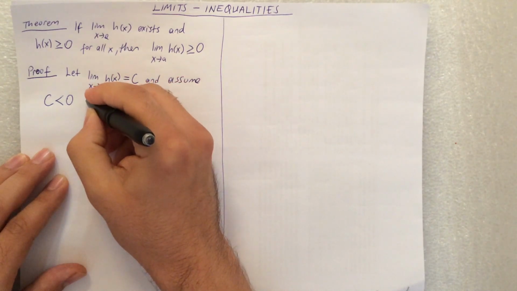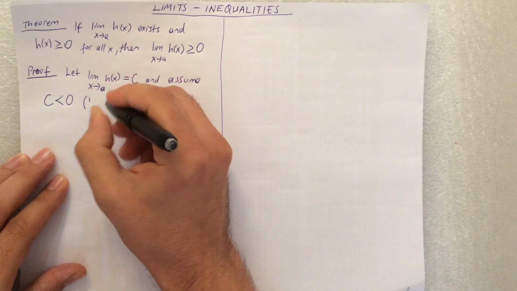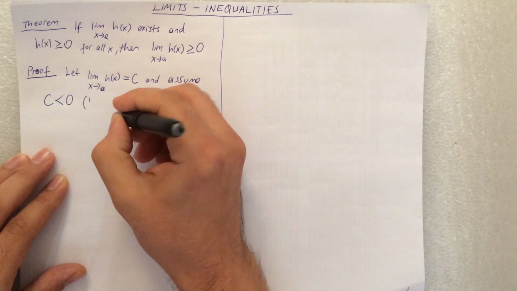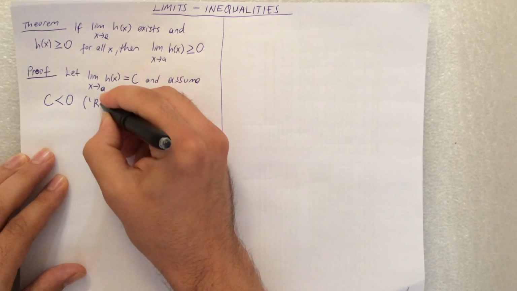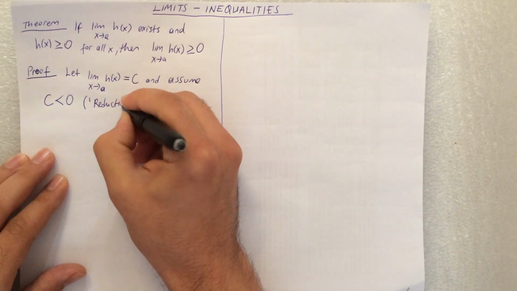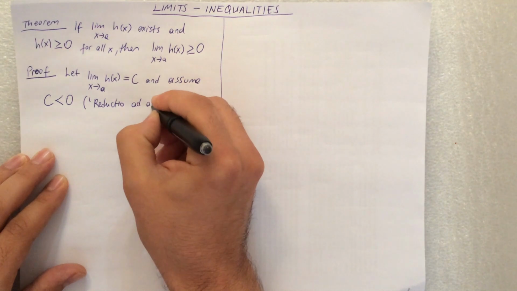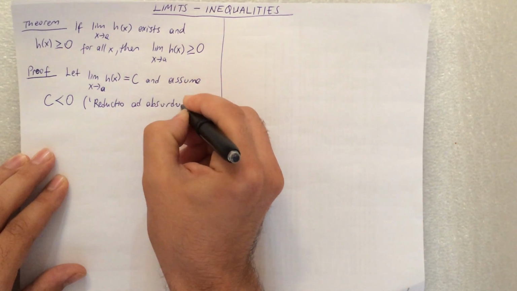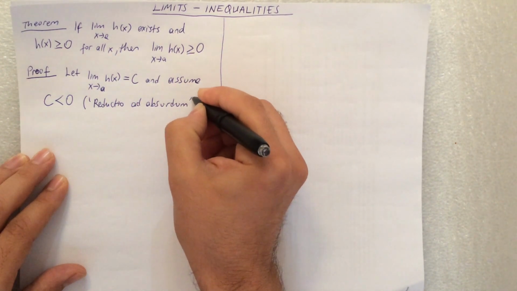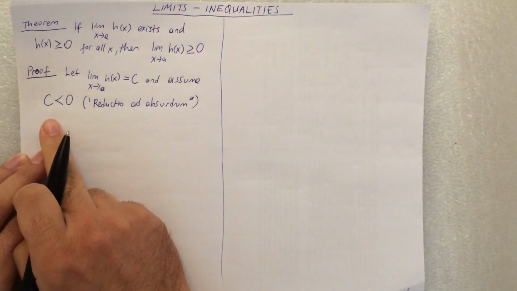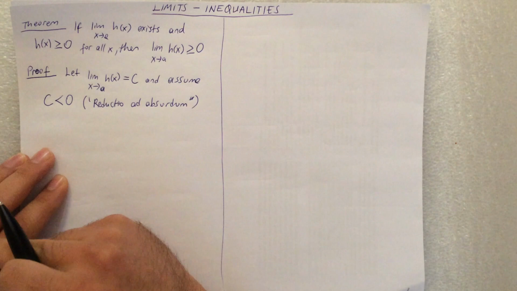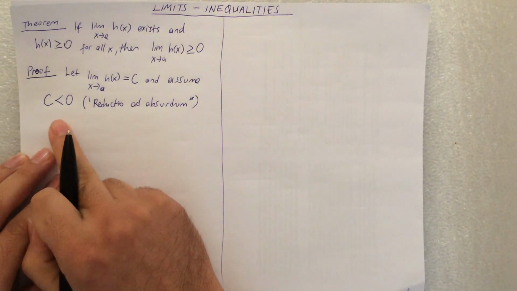So basically we are using a method called reductio ad absurdum, which means that in order to prove that c is actually non-negative, we are assuming the reverse.